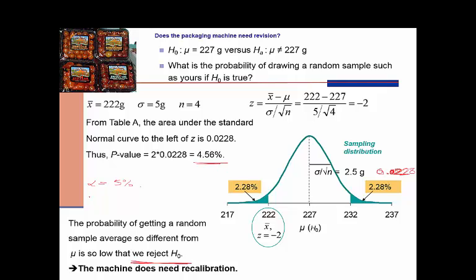Okay, so the p-value is less than or equal to alpha. Therefore, we reject H naught, which is the null hypothesis. That means we accept H1.